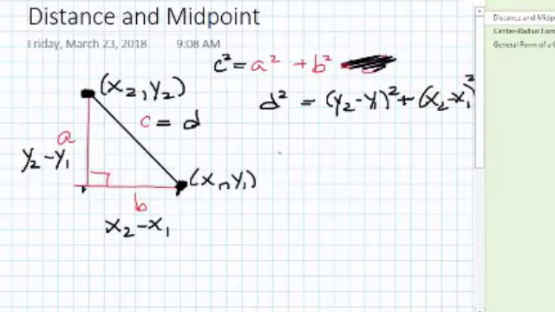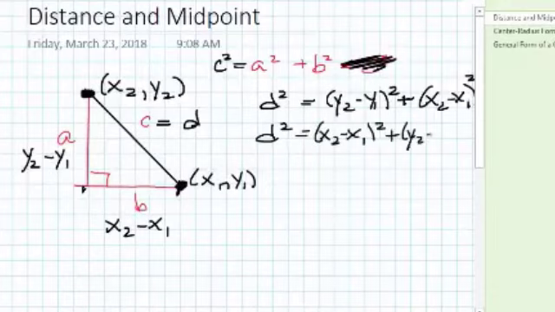Or in other words, and I prefer to put the x's before the y's, so I'm going to just use the commutative property of addition to rearrange this a little bit. In other words, d squared is x2 minus x1 squared plus y2 minus y1 squared. We don't want the distance squared, we want the actual distance. So we could use the square root property to see that the distance, and I'm going to move this down a little bit.